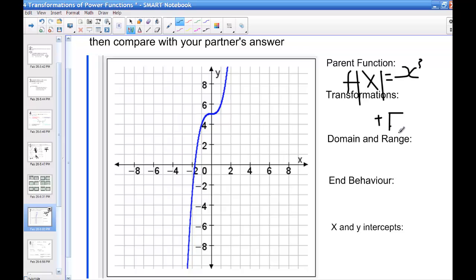Vertical translation. What is our domain? All real numbers. What is our range? Same thing.